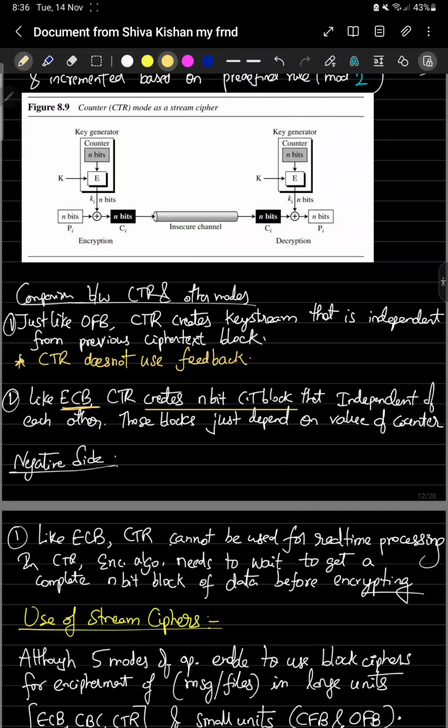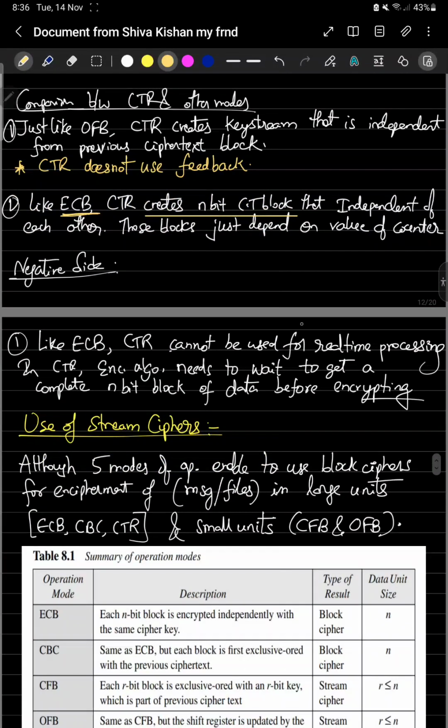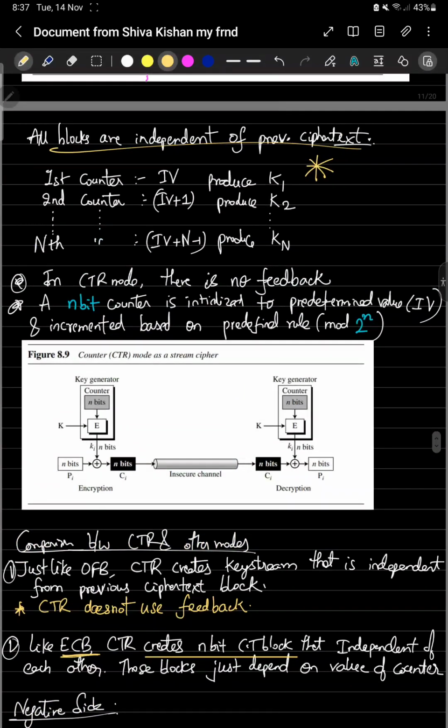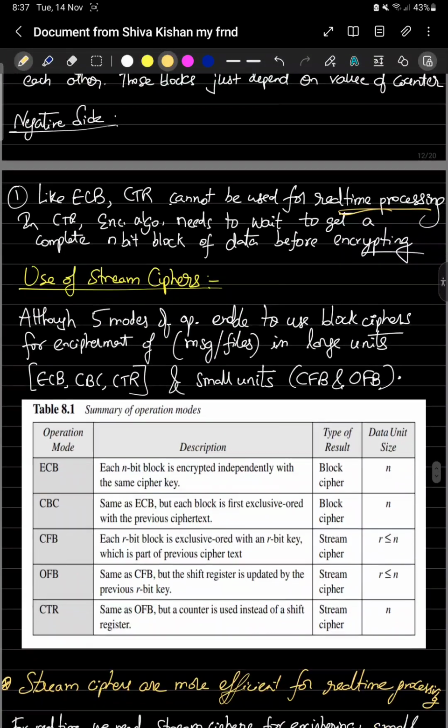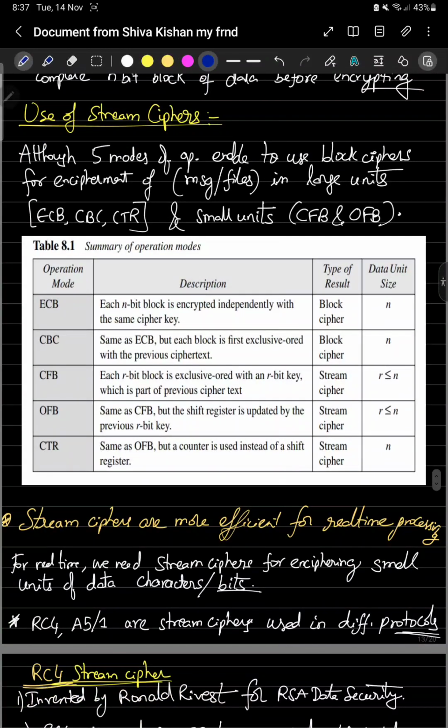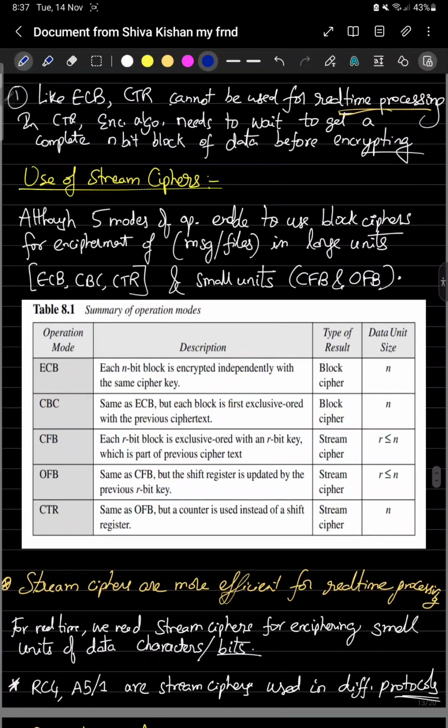The negative side is that CTR is not used for real-time processing, because you are using n bits of plain text, meaning 64 bits of plain text. In real-time processing, data comes in slowly. If you use 8 bits it is easy, but with 64 you have to wait until it fills one full block. That's why I'm saying it is not good for real-time processing.